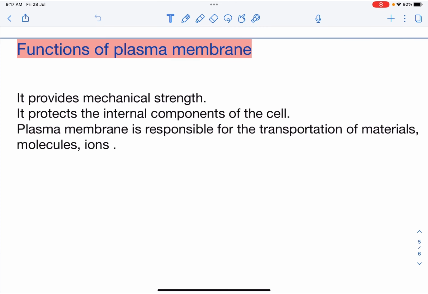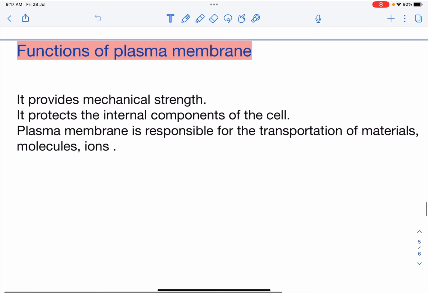Now we will see the functions of the plasma membrane. The first point is it provides mechanical strength. Second, it protects the integral components of the cell, and the third point is that the plasma membrane is responsible for the transportation of materials, molecules and ions.